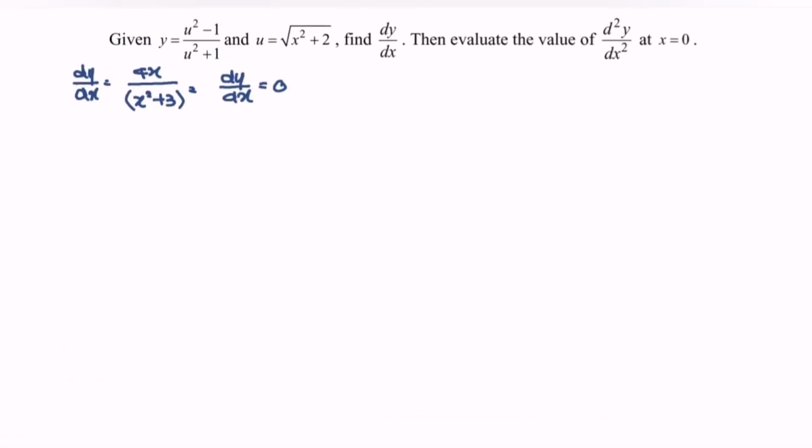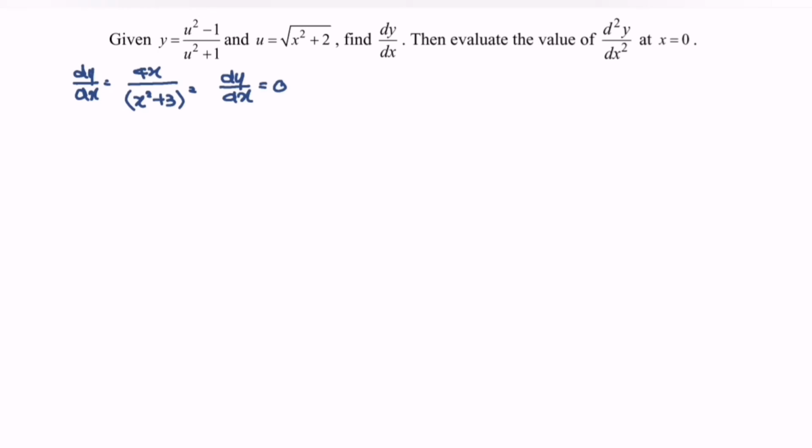Previously we already determined the value of dy/dx and also the derivative dy/dx equals 4x over x squared plus 3 to the power of 2. My suggestion, in order to find the second derivative, is to cross multiply x squared plus 3 to the power of 2, in order to avoid the quotient rule.